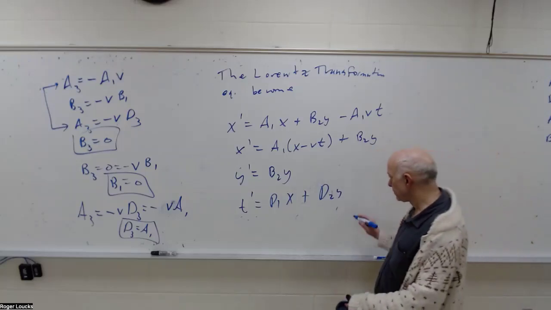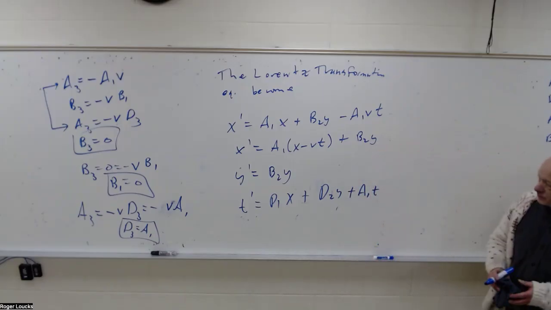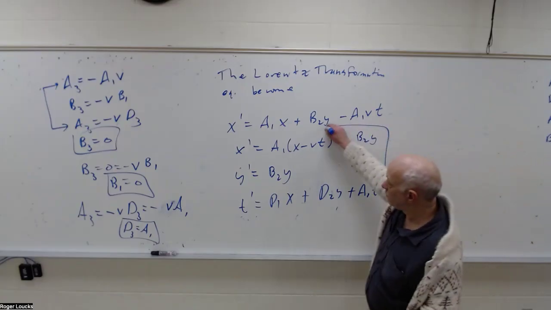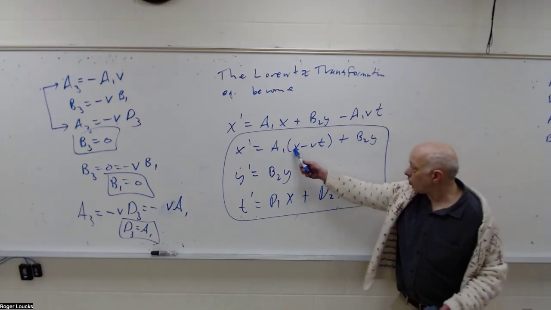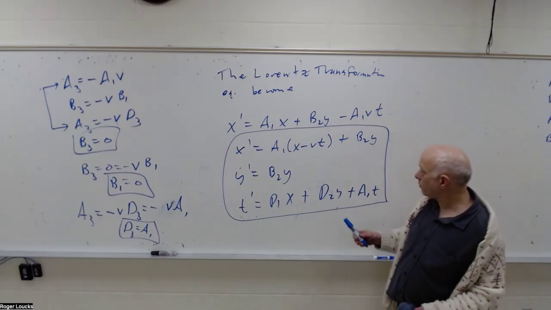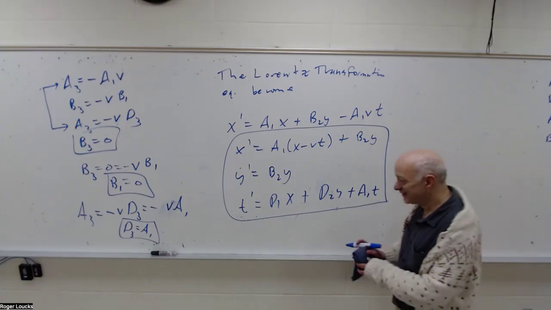A1. So this is A1 t. These are my new versions. So now we're down to 4 constants. We're at 12, we're now down to 4. The quest continues.